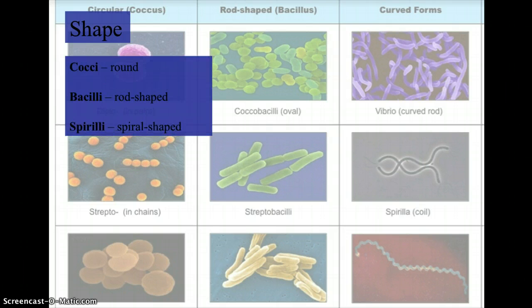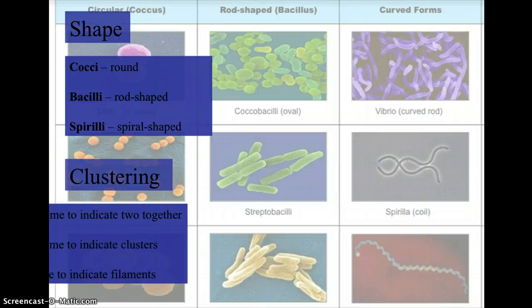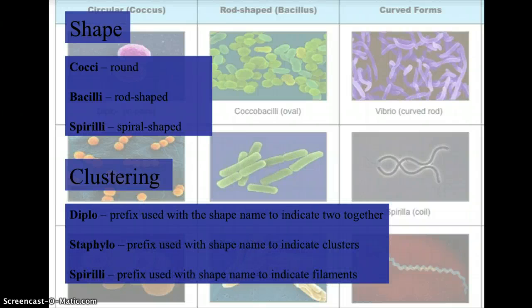So for shapes we have the cocci, which are round, bacilli, which are rod-shaped, and spirilli, which are spiral-shaped. Now we can also combine those with different prefixes that describe the clustering. So diplo bacteria have two bacterial cells together.